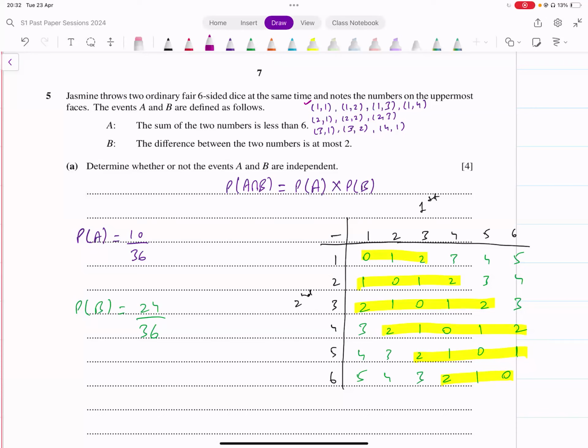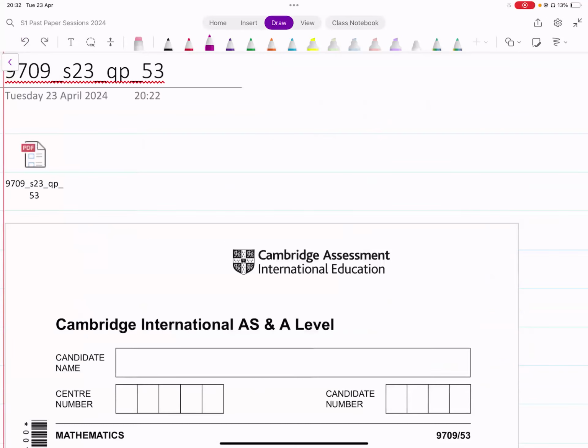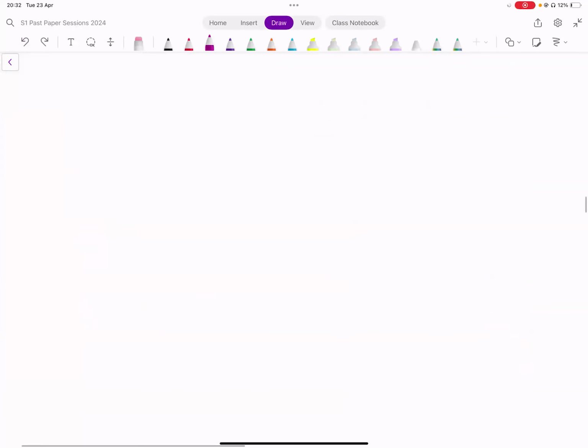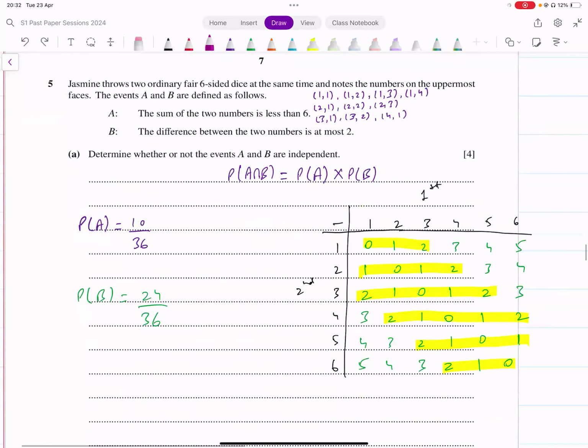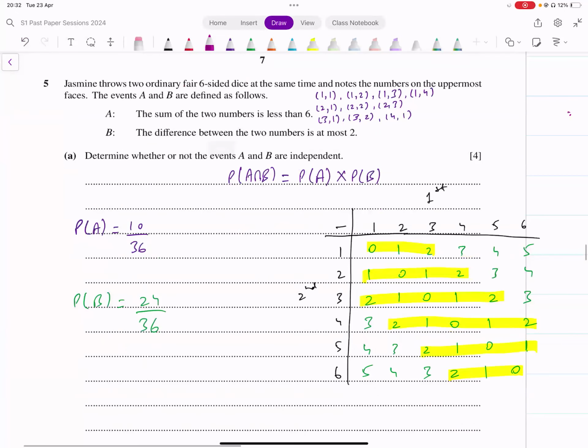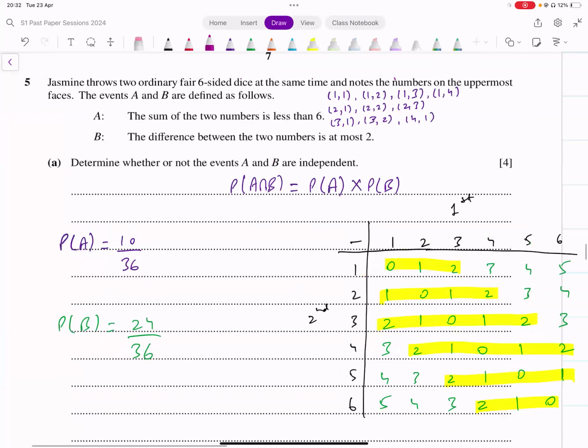1, 2. So what you can do is you can think of it like this. These are all the cases that satisfied the first condition that were part of the event A. How many of these also have the difference at most 2? How many of these cases have a difference that is at most 2?